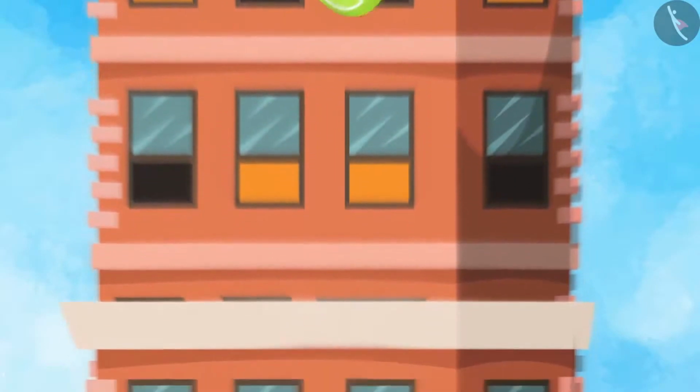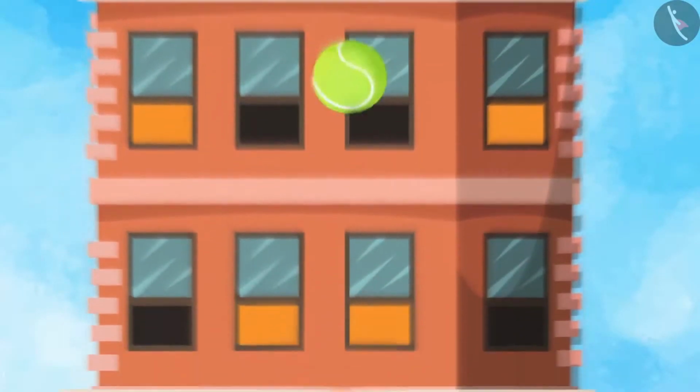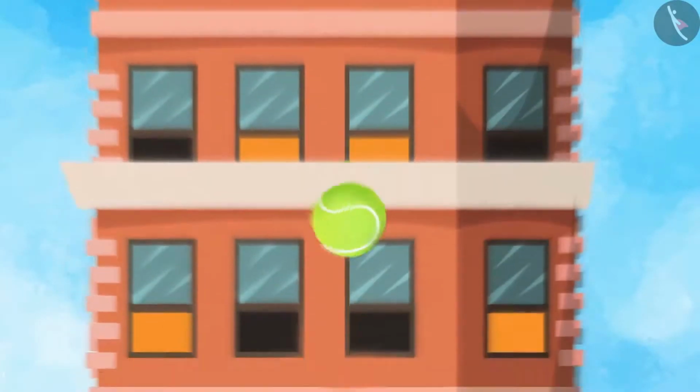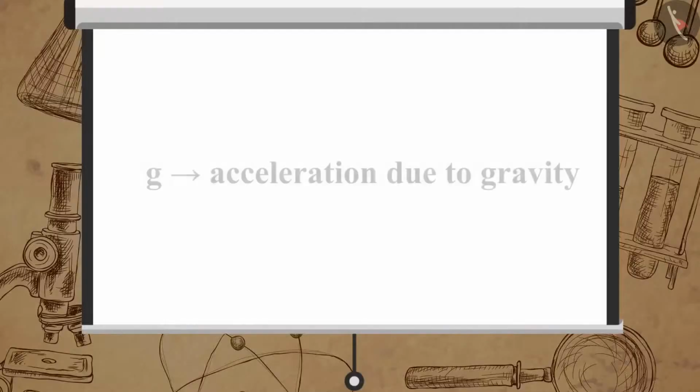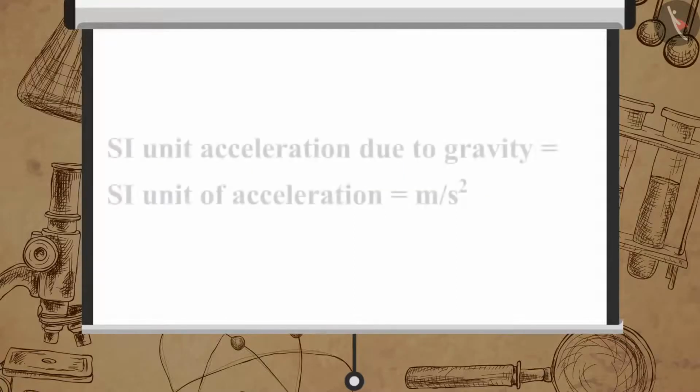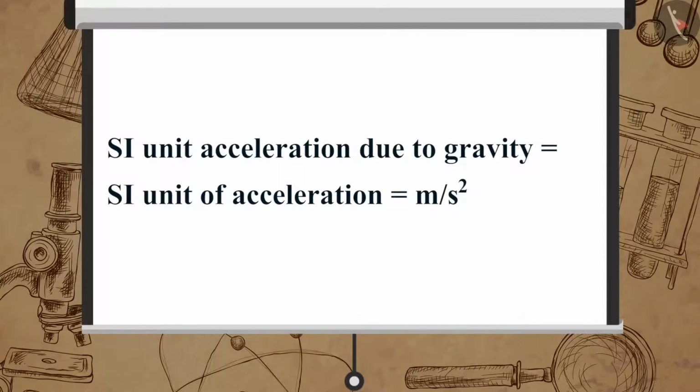So, when an object is falling towards the Earth, an acceleration is involved, and the acceleration is due to the gravity of Earth. Thus, we refer to this acceleration as acceleration due to gravity. It is denoted by g. Its SI unit is the same as that of acceleration, which is meter per second square.